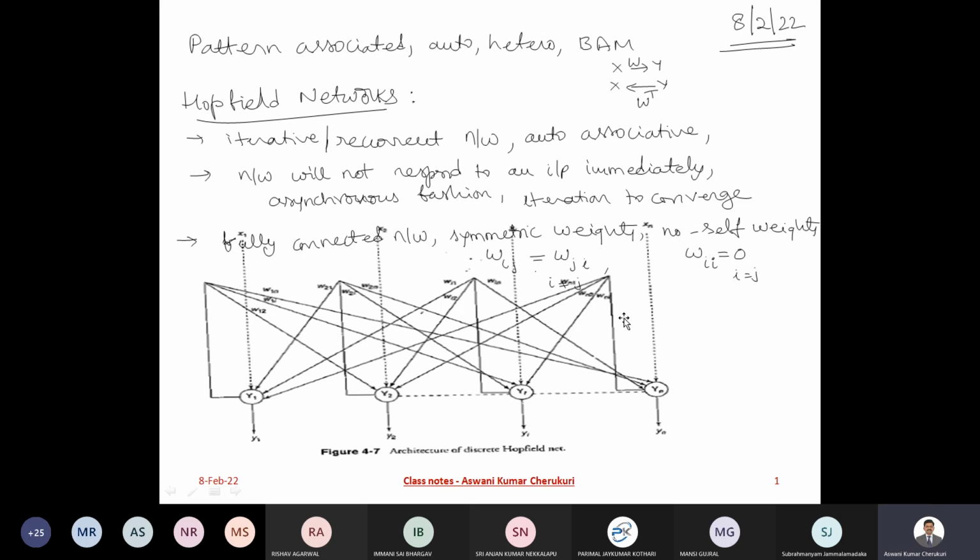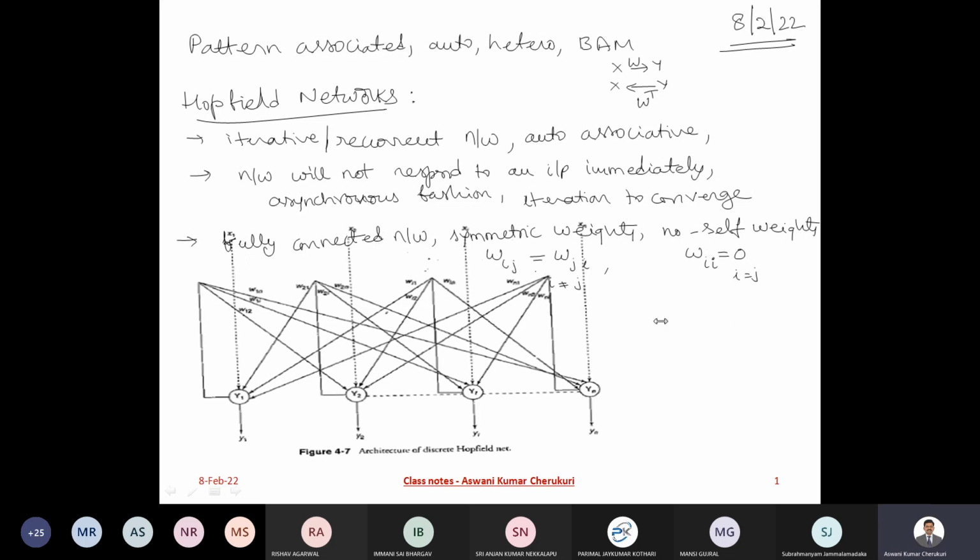Maybe I will take it to the next slide also. Anyway, look at the diagram. On the top, you have the connections X1, X2, and so on. And on the bottom, you have the Y connections, Y1, and so on, up to Yn. Maybe I will better take it to the next slide.